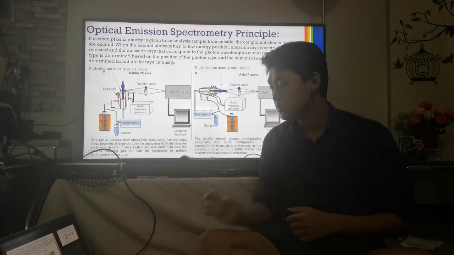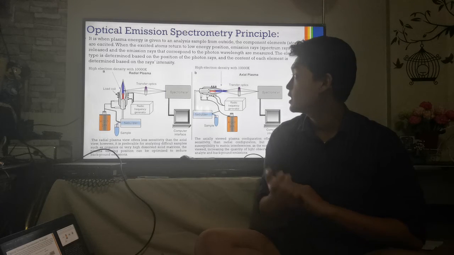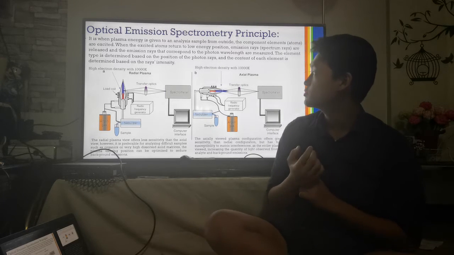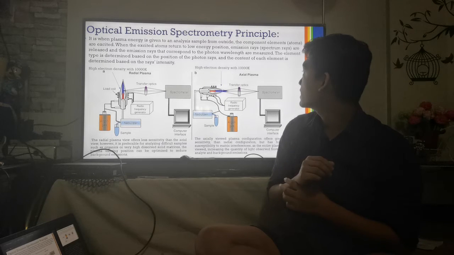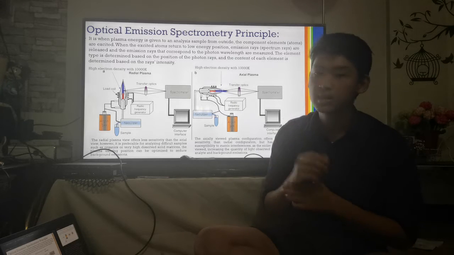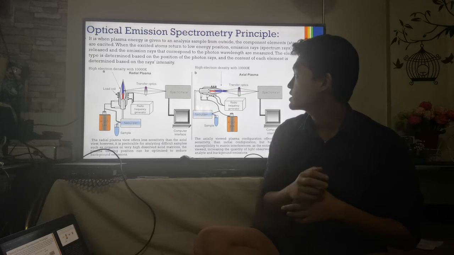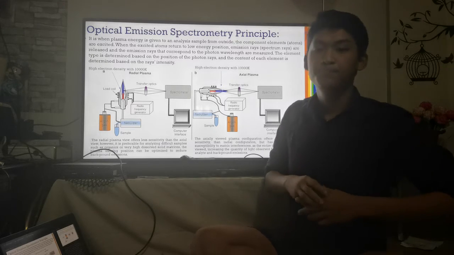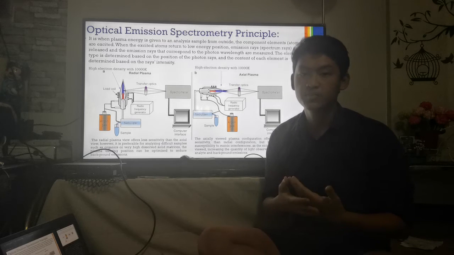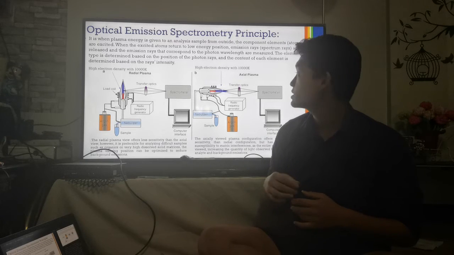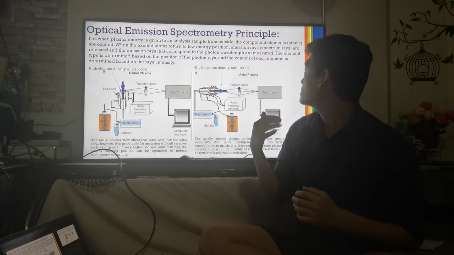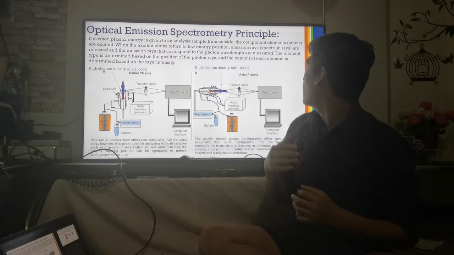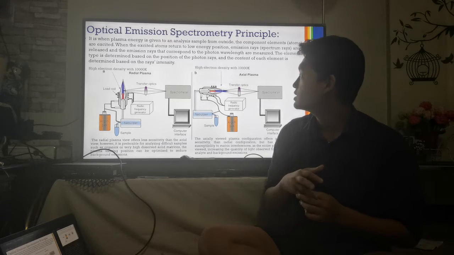The principle behind optical emission spectroscopy is that when plasma energy is given to an analysis sample from outside, the component elements or atoms are excited. When these excited atoms or ions return to their ground state, or the low energy position, they emit emission rays, or spectrum rays, and the emission rays that correspond to the photon wavelength are measured.